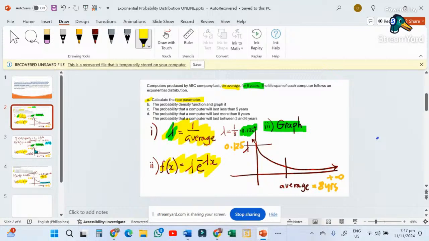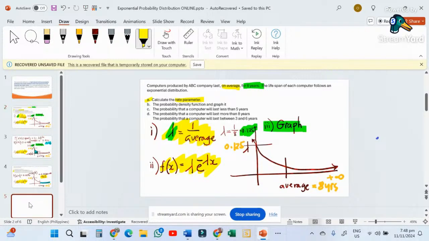So 6 years exact, 3 years exact, and then take away. I have already shown you how to do it, so the 3 and 6 will just be your work.